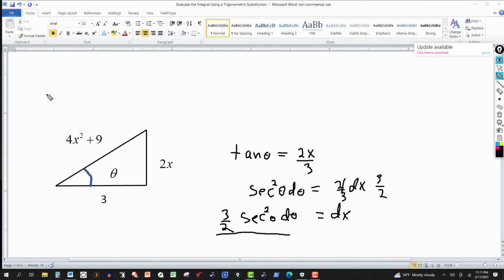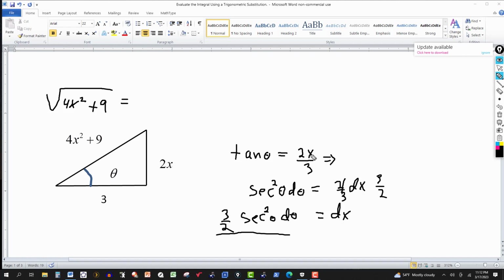Now let's look at this part here. The radical rather, was the square root of 4x squared plus 9.